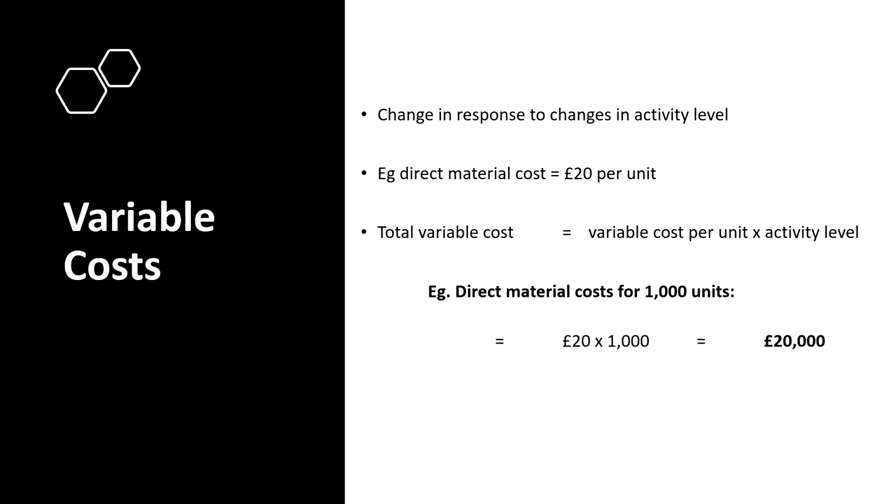So this allows the business to estimate how many pounds worth of material it would require to produce 1,000 units. So they are variable costs then. They increase as the activity level increases.